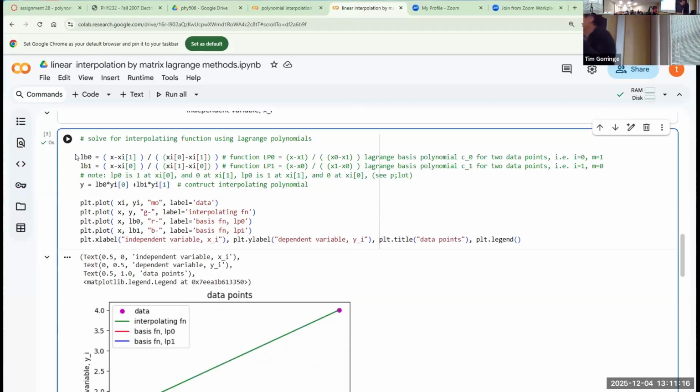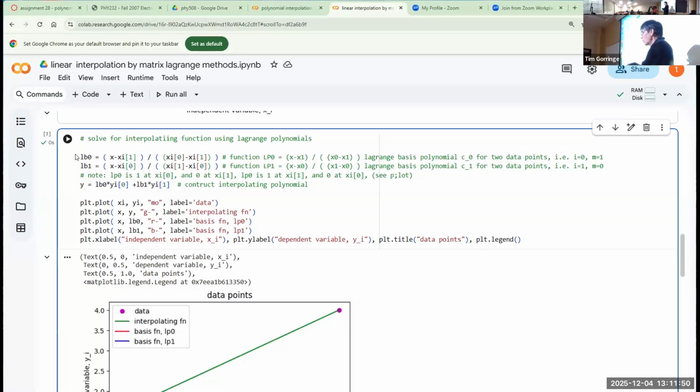The second approach was the Lagrange basis polynomial approach. In this approach, rather than constructing the Vandermonde matrix, the first step is to construct the basis polynomials. These are the cursive L's, the symbol for the Lagrange basis polynomials. They have an index i that runs over the number of data points.